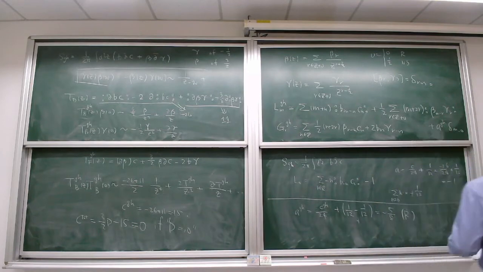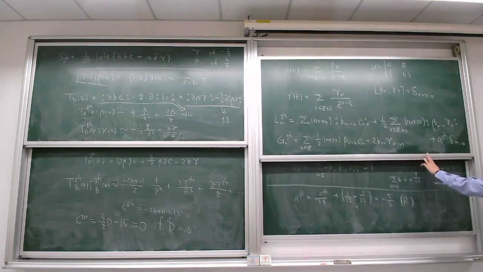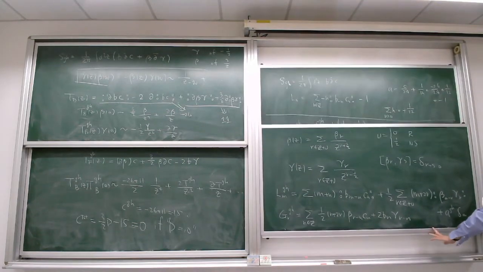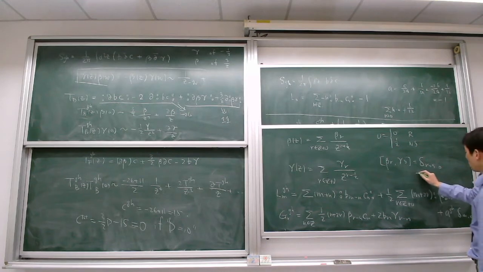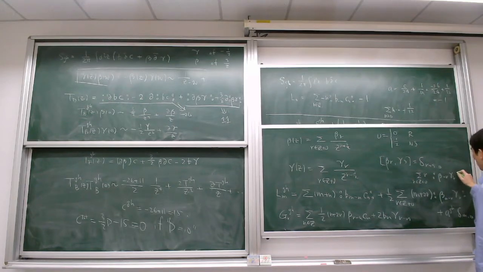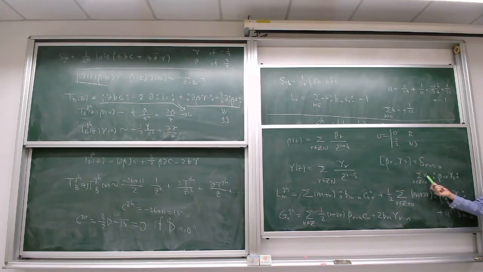So again, if you look at the zero mode, what you get is the sum over r. r is c plus nu, beta minus r down r. Okay, so the gamma r, and then we just pick this r up to sign.